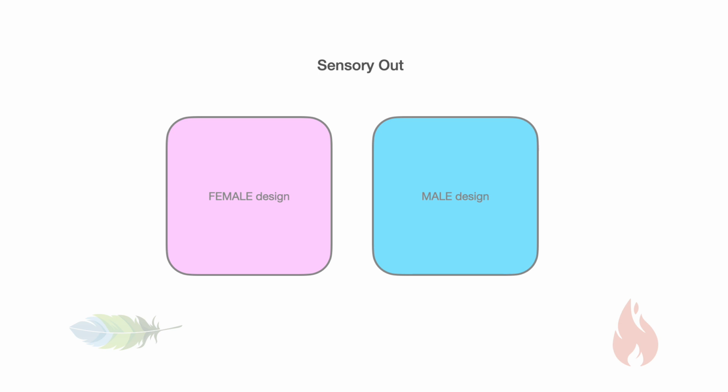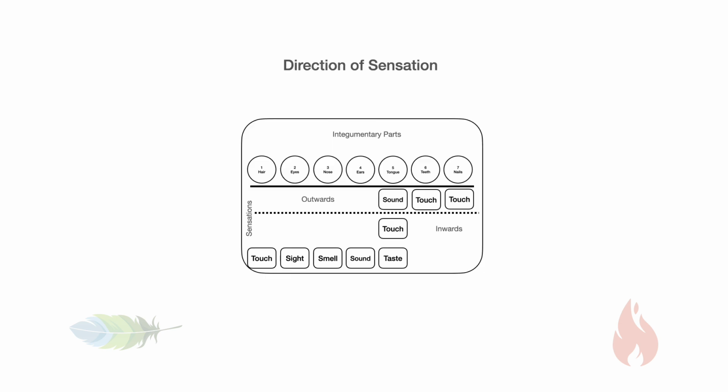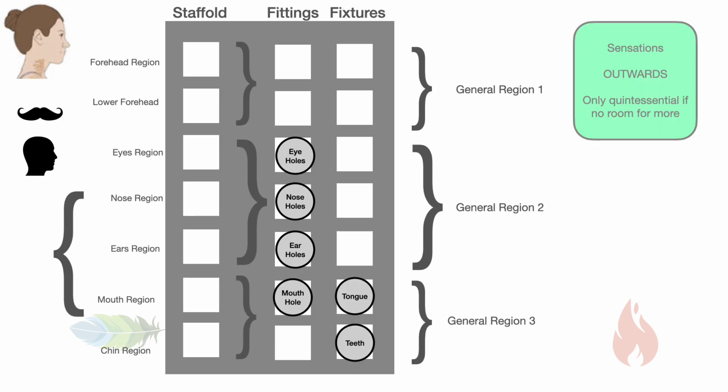All right, so for sensory outwards design, these scaffolds do look the same. And remember, there's only 3 types of sensation parts that we use here for sensory outwards design.